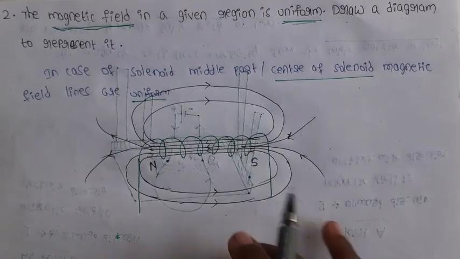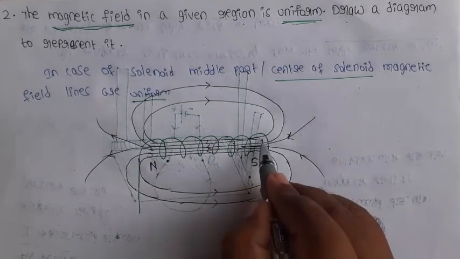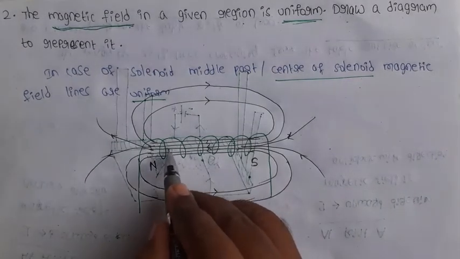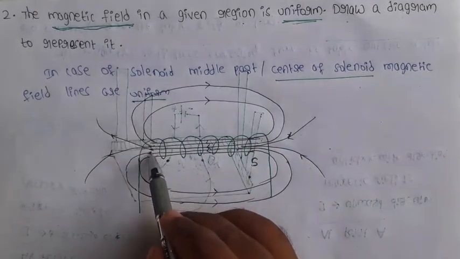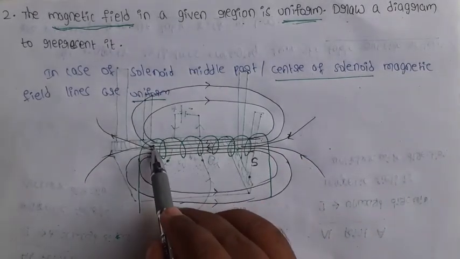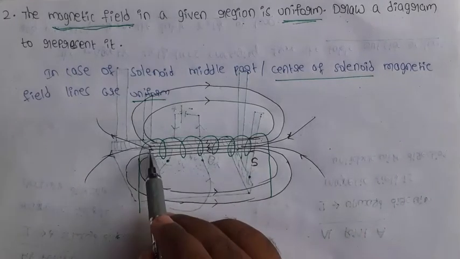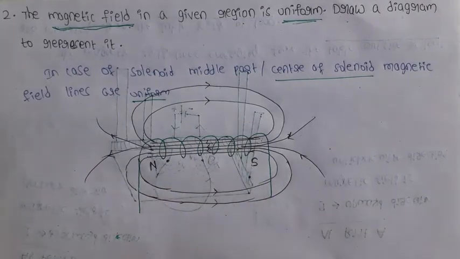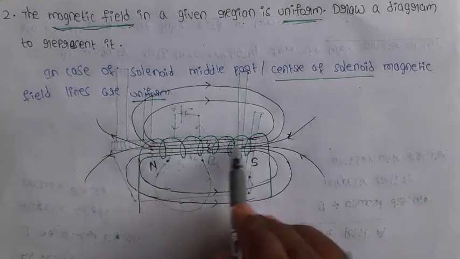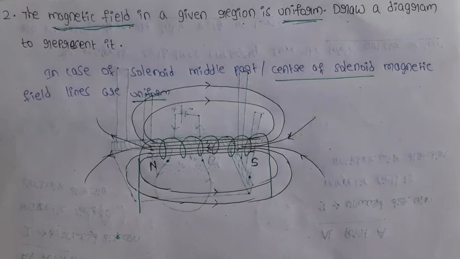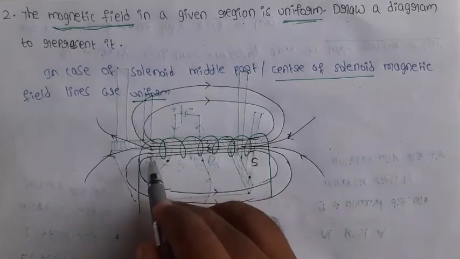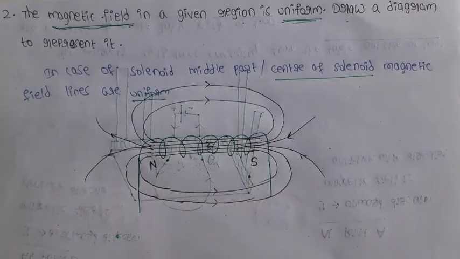One more point. At the middle part or center of the solenoid, the magnetic field is uniform. At any part, it does not increase or decrease. It is constant, the same at any point at the center of the solenoid.